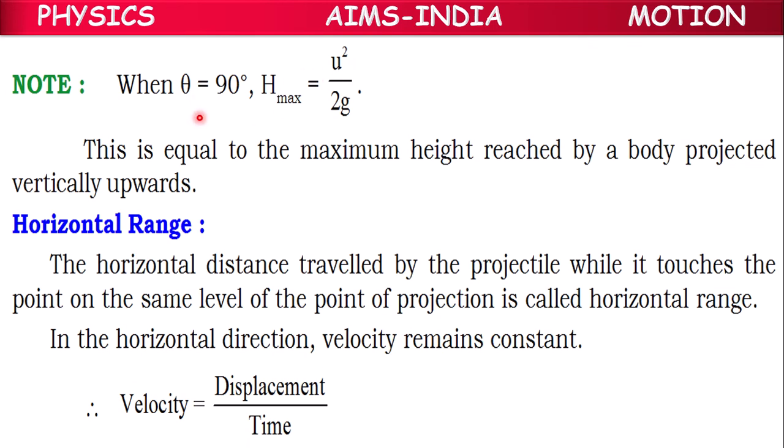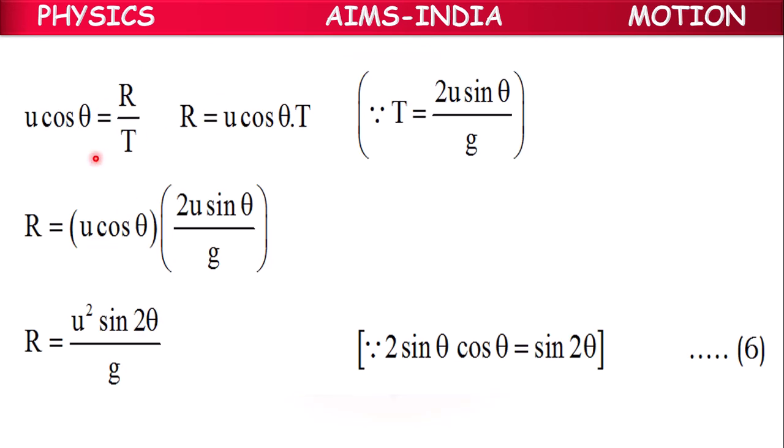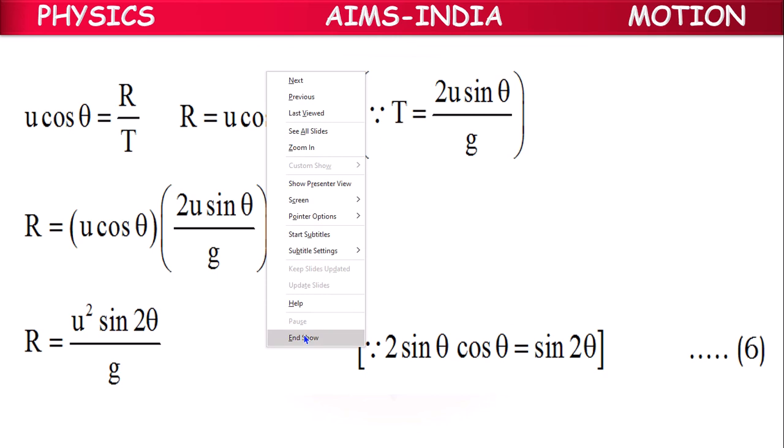It is maximum when theta value is 90. When theta value is 90, the oblique projectile will become a body projected vertically upwards. And for horizontal range also, we have derived the formula, which is equal to u square sin 2 theta by g. Okay, children, the remaining part we can learn in our next video.